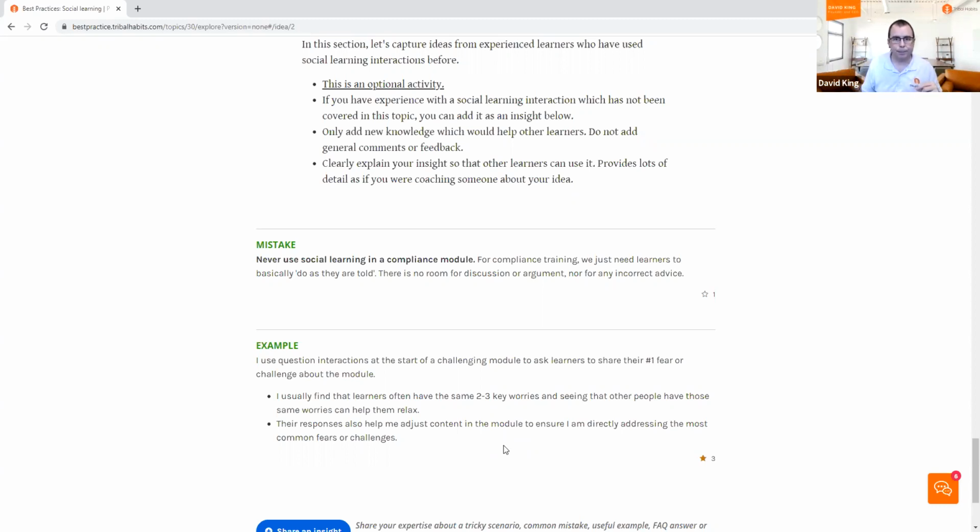Then they can add it in and people can review it and favorite it and go through it and learn from their peers. I think that's really powerful. We're sucking all the best ideas out of the best minds in the organization into one collected area in a very structured way. That is social learning brought to life in its greatest way in an online learning environment.